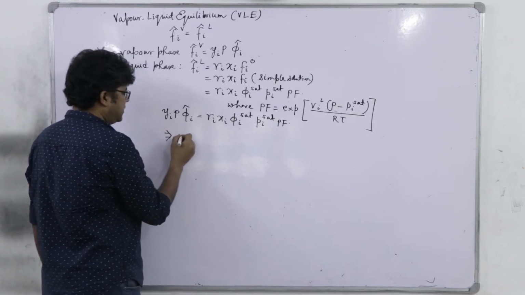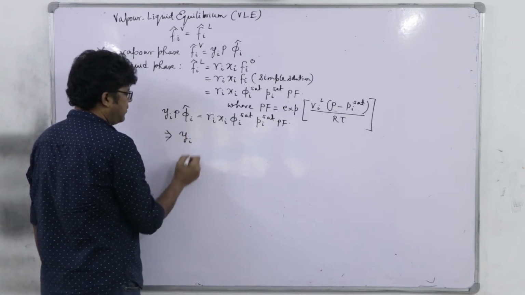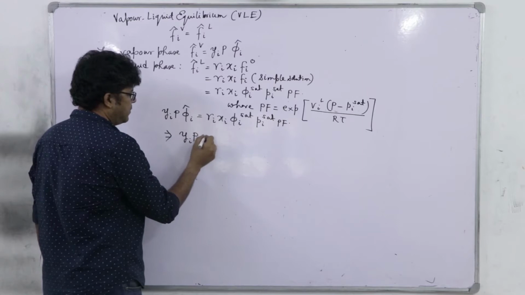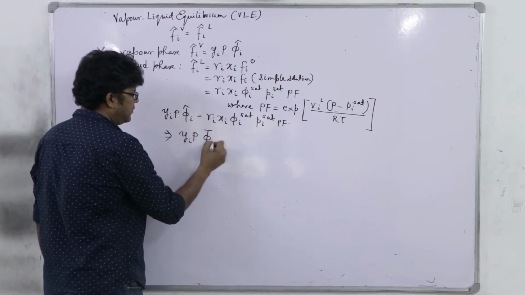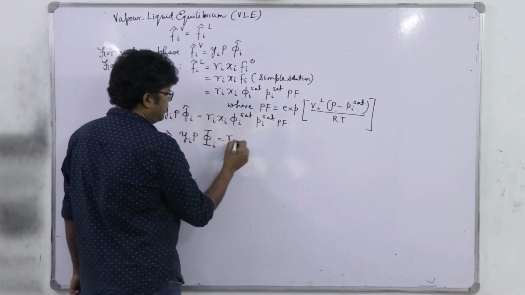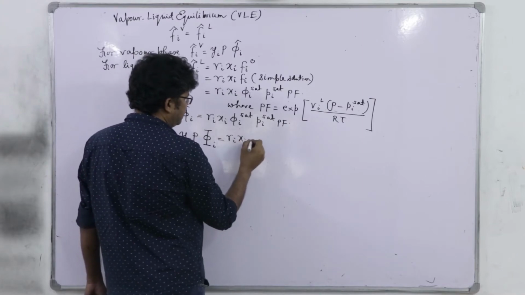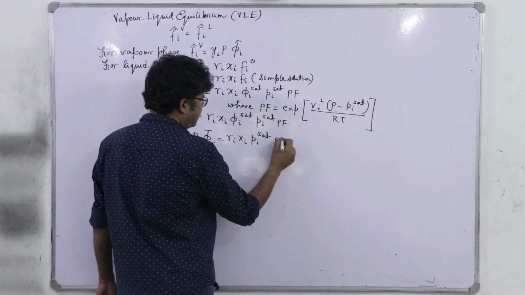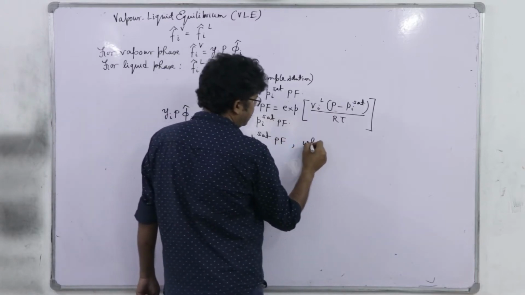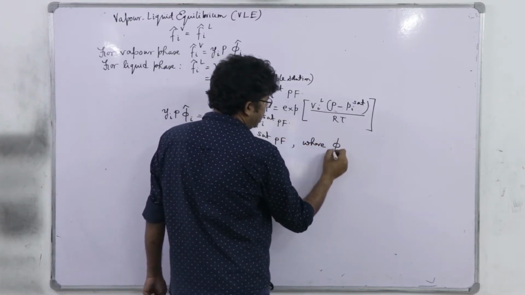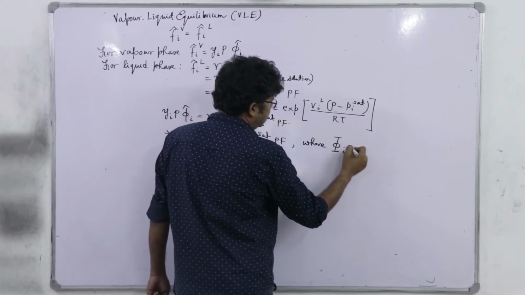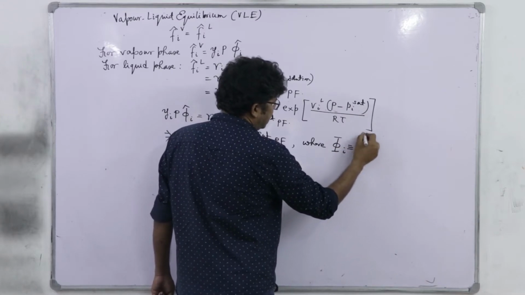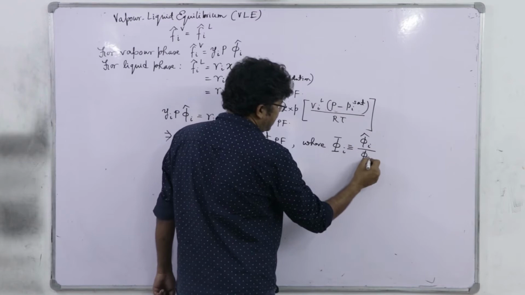That form may be further compressed upon introducing this capital phi i, which is gamma i xi into Pi sat into Pf, where capital phi i is defined as phi i cap by phi i sat.